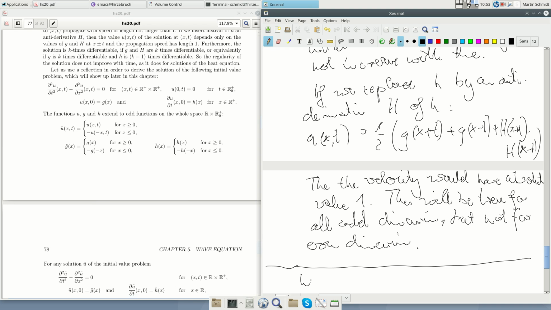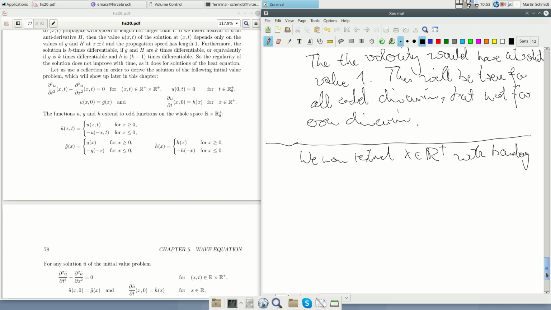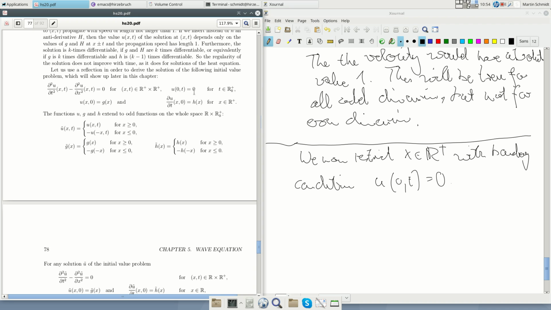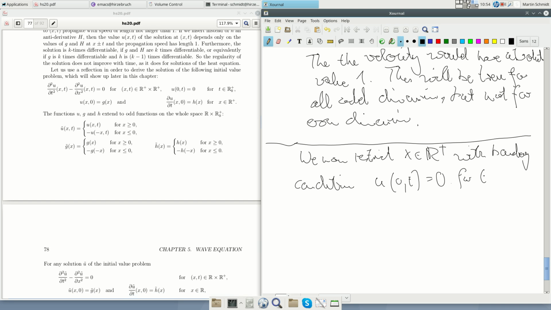We now restrict x to be an element of R plus, with boundary condition u of 0,t equal to 0 for t non-negative.